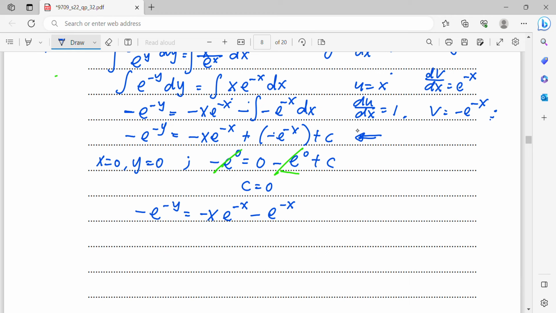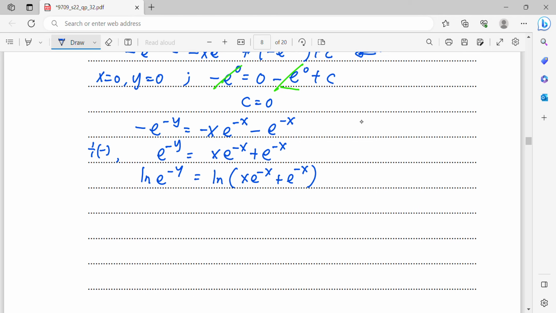First of all, we divide the whole equation by negative. I will get e^(-y) equals x e^(-x) plus e^(-x). Then to eliminate the e, we are going to take ln both sides. So ln e^(-y) equals ln of all the terms on the right hand side.